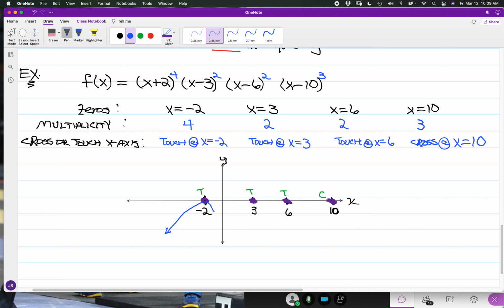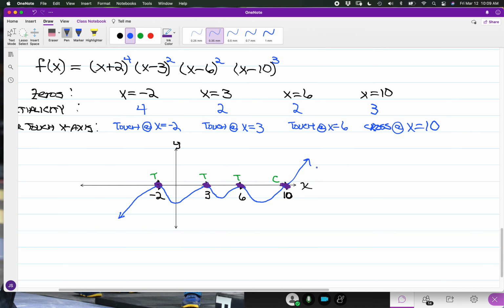So the graph is going to bounce beneath the x-axis, and then it's going to rise again. Once we get to x is equal to 3, it's going to touch, so it's going to bounce off. Once we get to x is equal to 6, it's going to bounce off once again. And once we get to x is equal to 10, the graph is going to cross the x-axis.